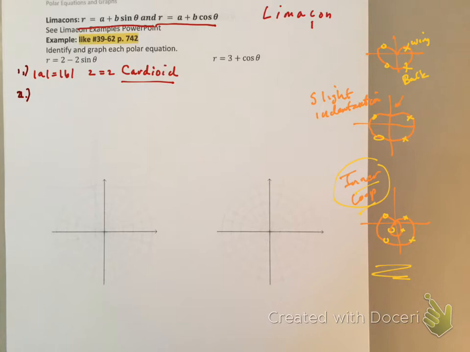The bulk is that fatter part. What you have to do is look at this part right here, that -2 sine theta. That's telling me the bulk is going to be in the quadrants where sine is negative. So the bulk is down, because down is quadrants 3 and 4, and I'm going to erase that real fast. So that's why it's down.